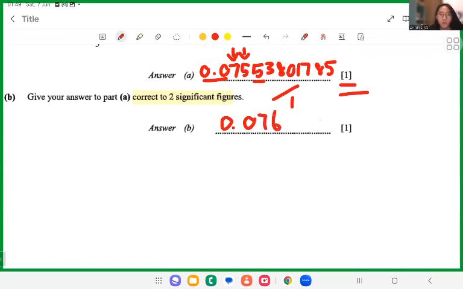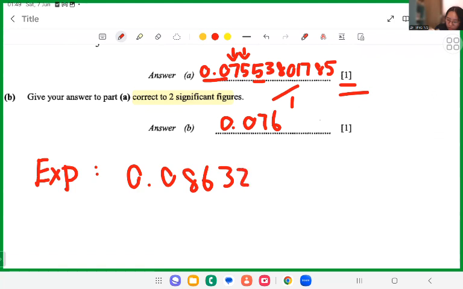And now I will show you another extra example that does not need rounding up. So let's say the value given is 0.086321. And we need you to correct it to 3 significant figures. Same as the last question, we just ignore this 0.